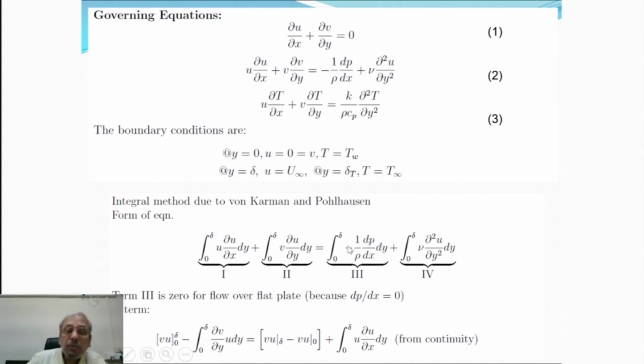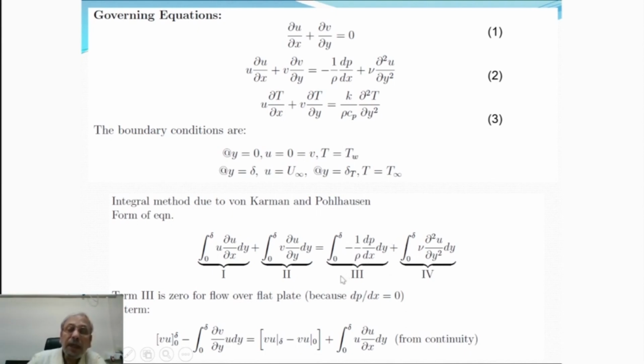So the third term we can dispense with, since it is flow over a flat plate, a zero pressure gradient surface. Otherwise, if it's a curved surface, we will have dp dx accordingly.